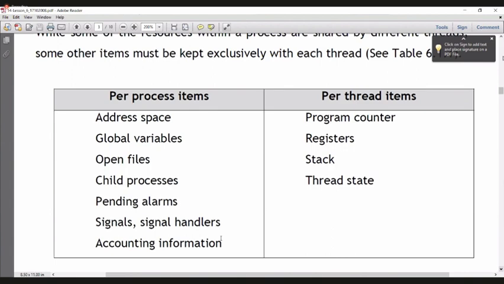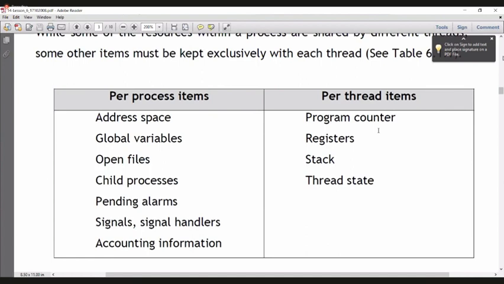So a process has so many things, but if you consider one thread's items, of course it has a program counter, which says which instruction to run next, then registers for local variables and temporary data, then the stack.